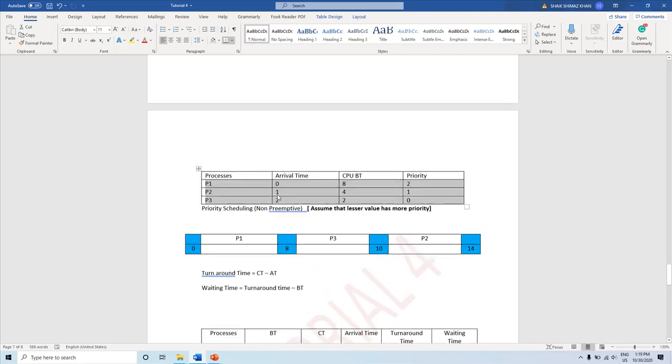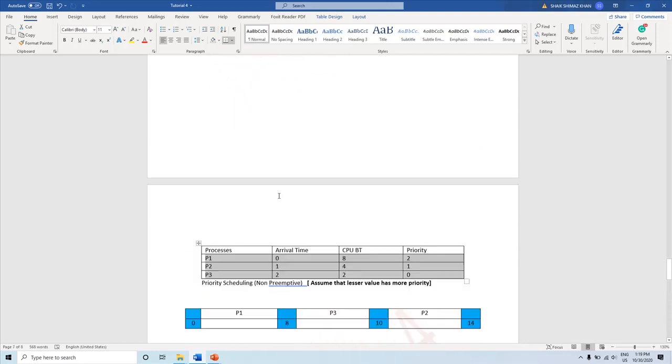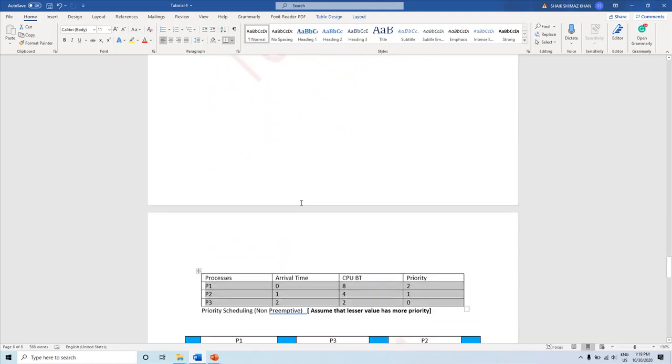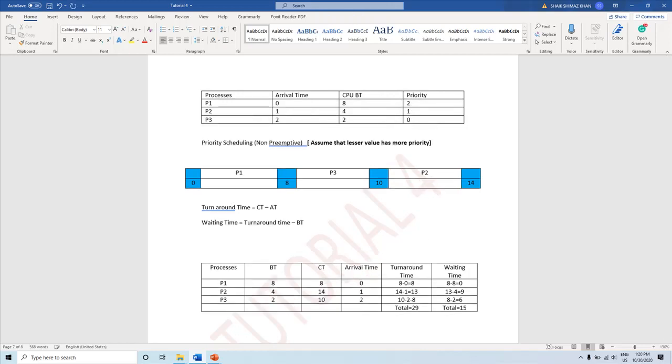So the priority based scheduling algorithm can be either preemptive or non-preemptive. It can be implemented both as preemptive as well as non-preemptive. Let us explore how the non-preemptive scheduling algorithm functions.